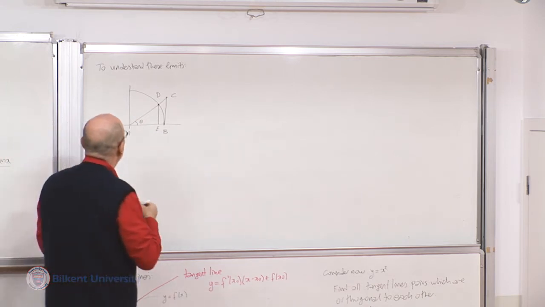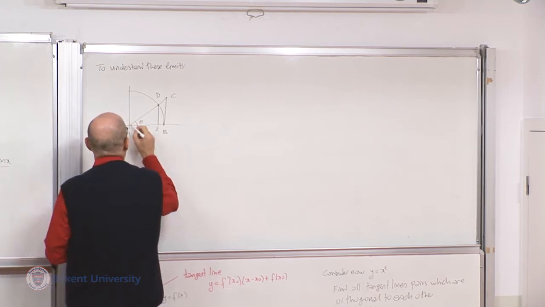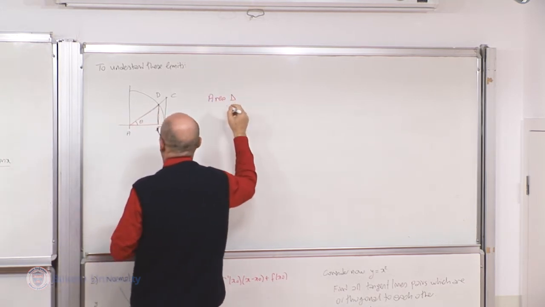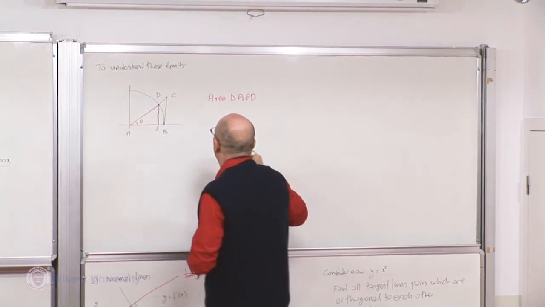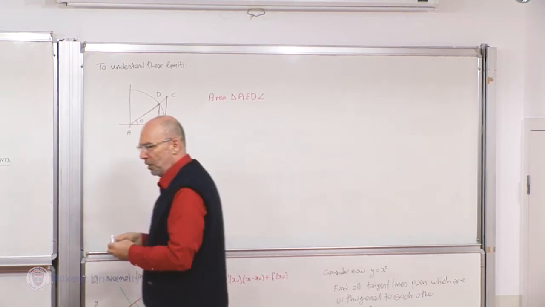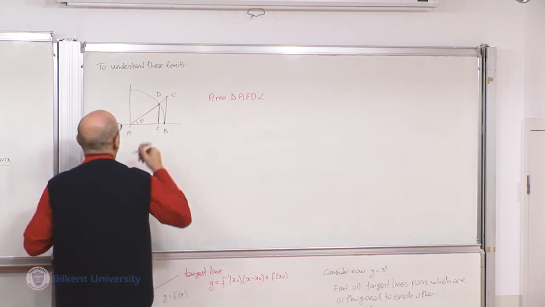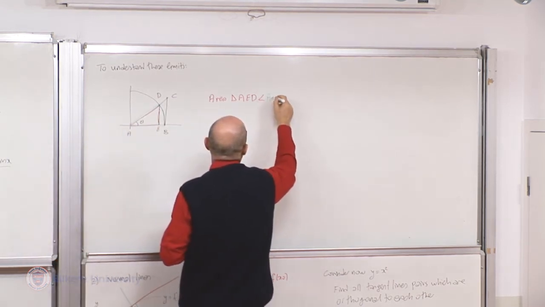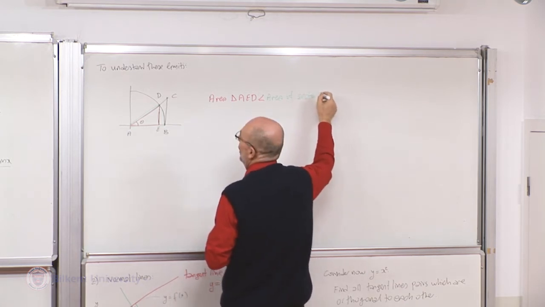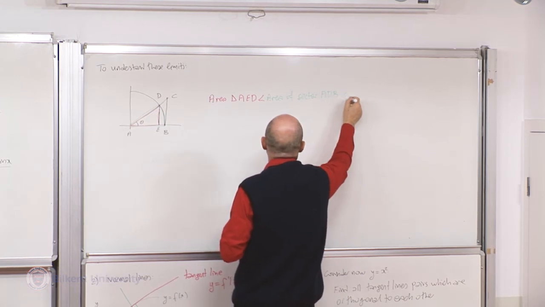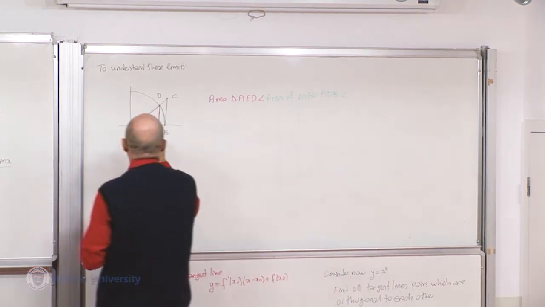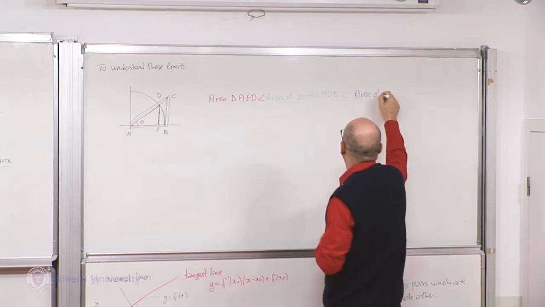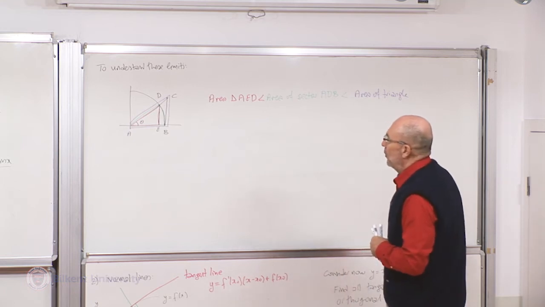So first of all, I am interested in this area: the area of triangle AED, which is strictly less than the area of sector ADB, which is strictly less than, this is the big triangle now, the area of triangle ABC.